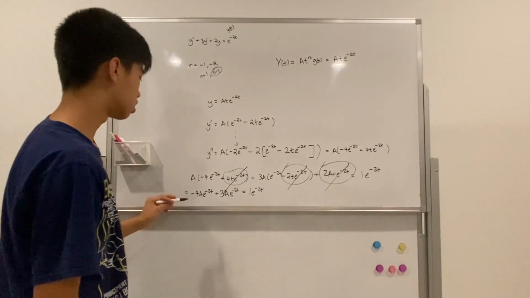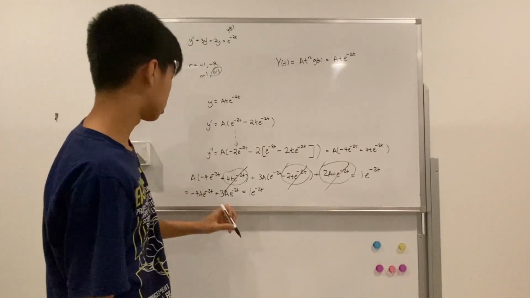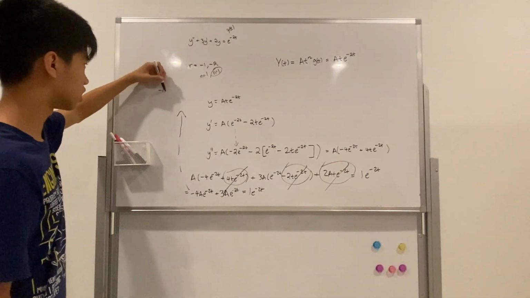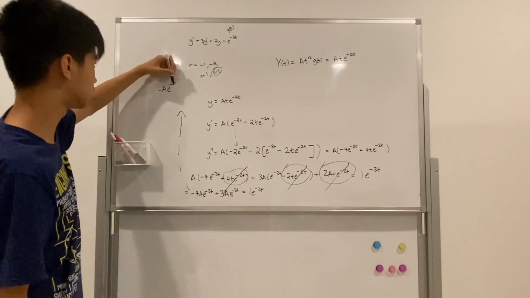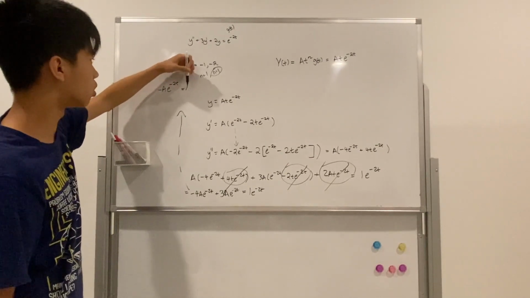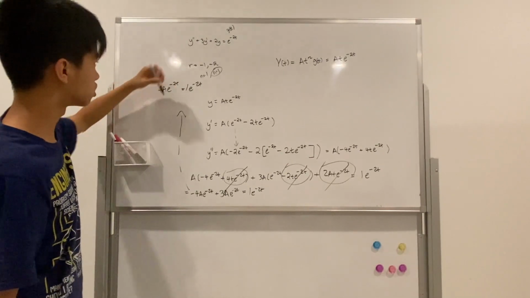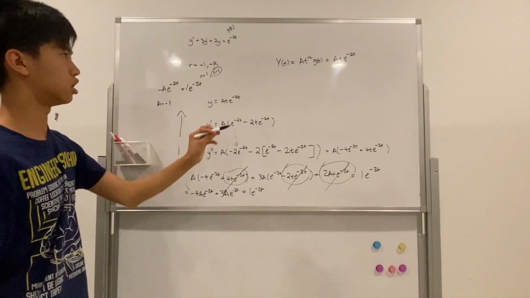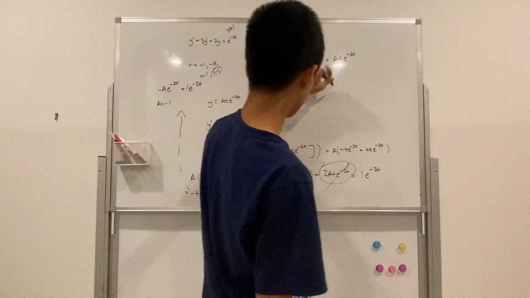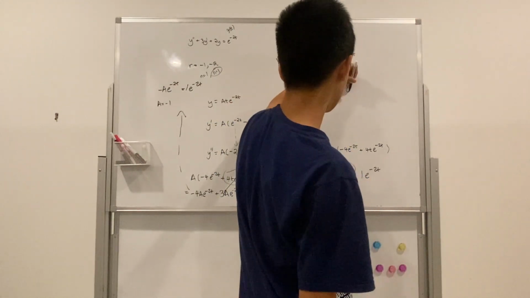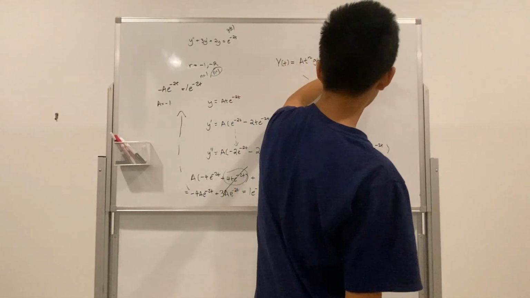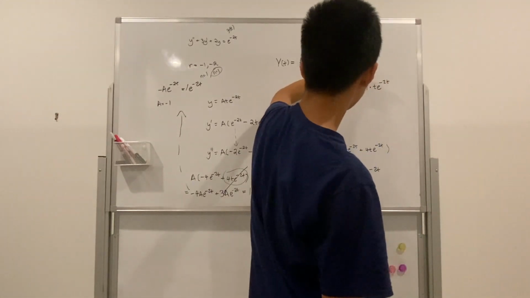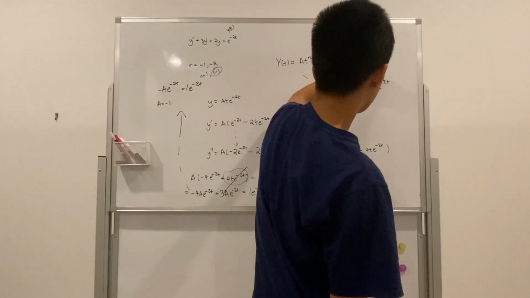So this would mean that -A e to the -2t equals 1 e to the -2t. Therefore, A is equal to -1. So we plug that into our test solution, and we get big Y of t equals -1 times t e to the -2t, or just -t e to the -2t.